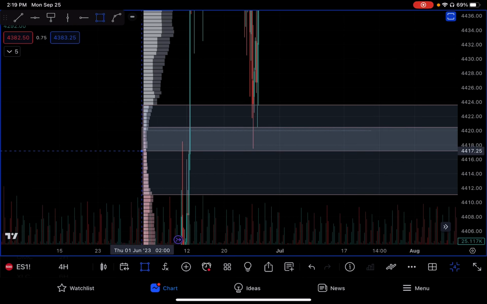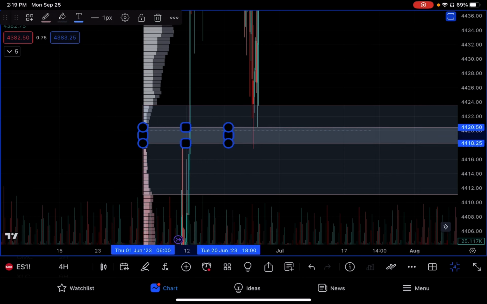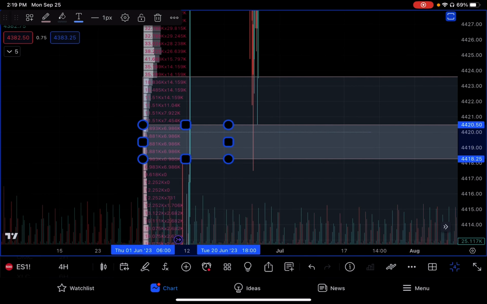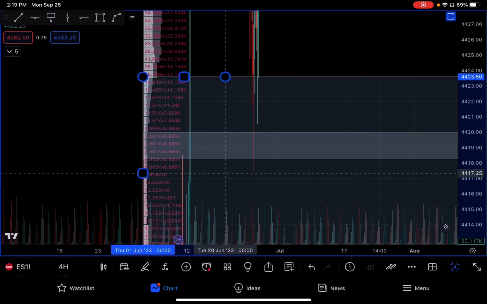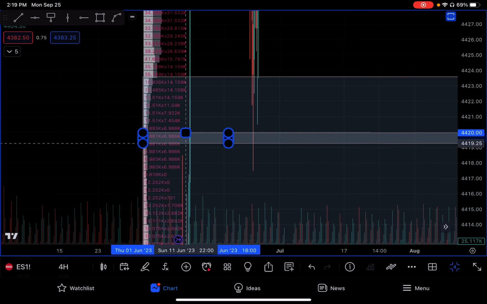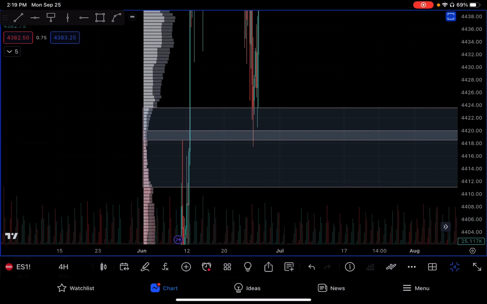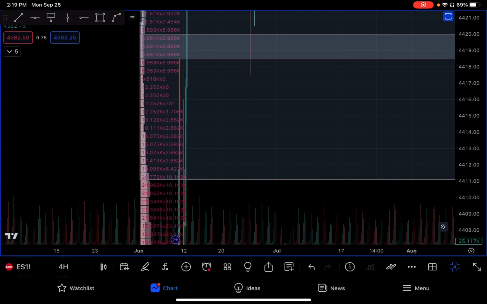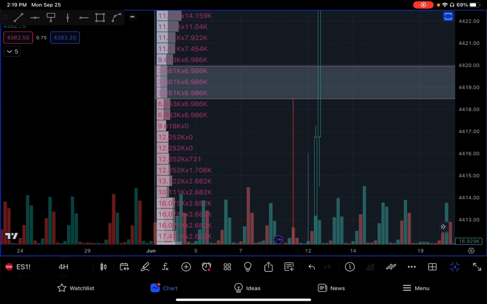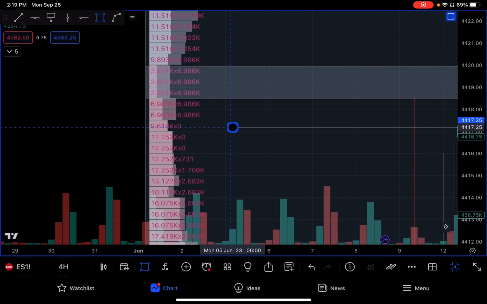So sometimes when there's a lower part within the LVN, I like to put a second box just to remind me intraday of where the deeper part of the LVN is. So like that there, and then I'll put really tiny ones right there and there.